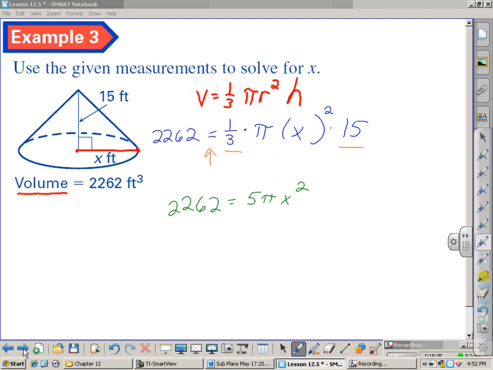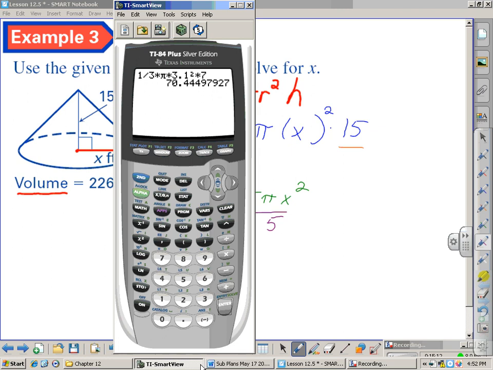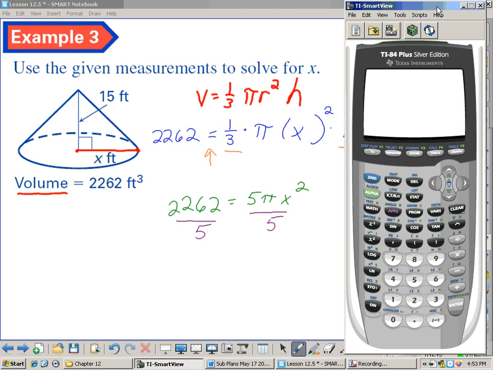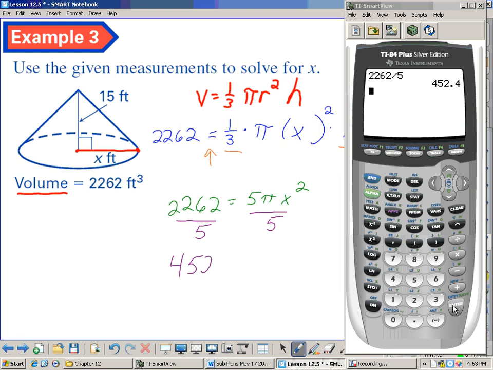So we're going to divide both sides by 5. I would do this in 2 separate steps just to make sure I don't make a mistake. So let me clear this, move this over. So we have 2,262 divided by 5. So we have 452.4 equals pi times x squared. Now I want to get rid of the pi.